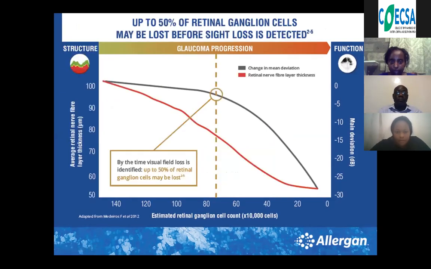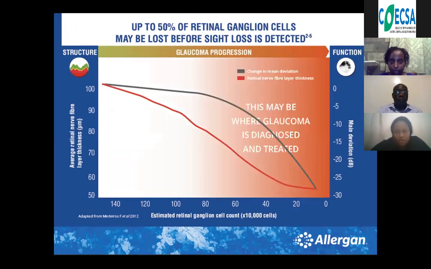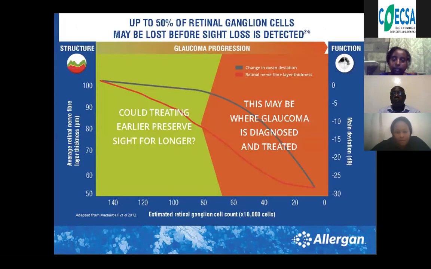By the time field loss is identified, up to half of the retinal ganglion cells may be lost. In our setup, this is where the majority of glaucoma patients are usually diagnosed and treated. A question we could be asking ourselves is: could treating earlier preserve sight for longer?